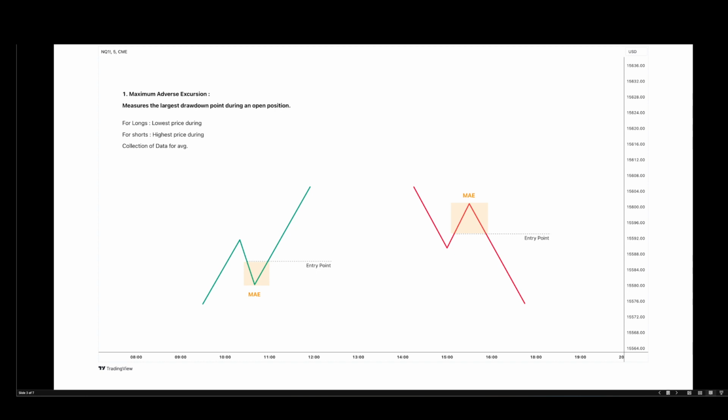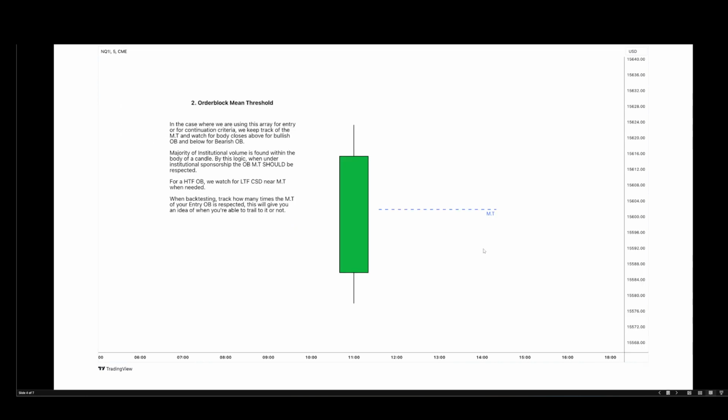If there is maybe a rejection block lower that you could use for a lower MAE, or if there's an order block that you find during your backtest session, instead of using the fair value gap, you might find more success and a better risk to reward just by finding the data average of your MAE, right?